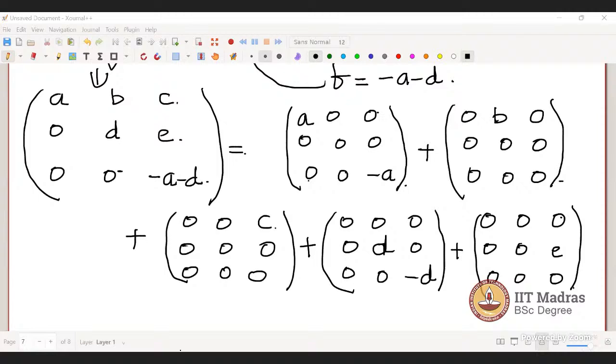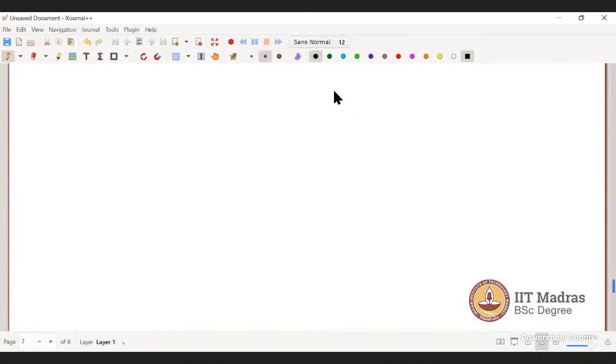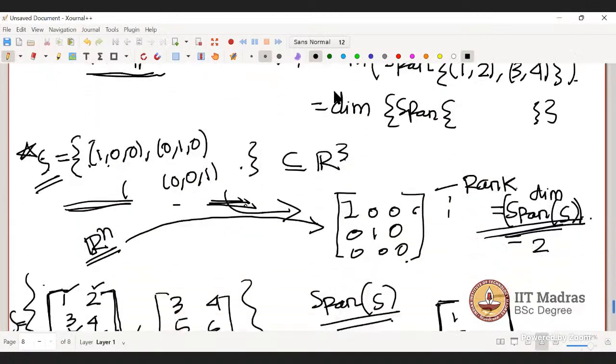In that line of thinking we are approaching this. Writing 1, 2, 3, 4 as a single column is slightly confusing, because understanding rank, dimension and span from the vector space side is easier than approaching from the matrix side.